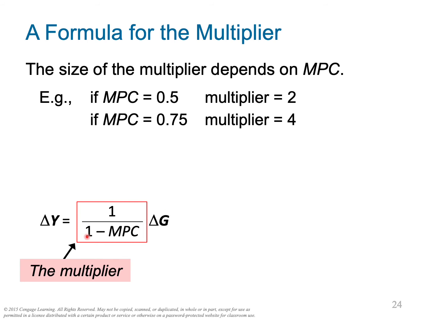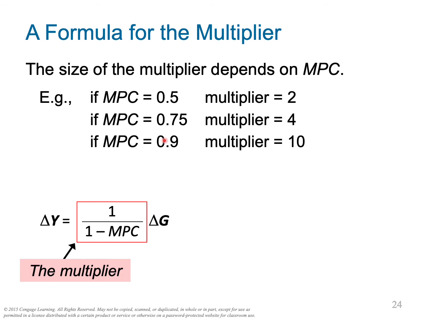Well, in that case, we get 1 minus 0.75, and so on the bottom here we have 0.25, and 1 divided by 0.25 is 4. So in this case, our multiplier is 4. If MPC is 0.9, our multiplier is 10. Okay, so we can see how the multiplier changes as MPC changes.